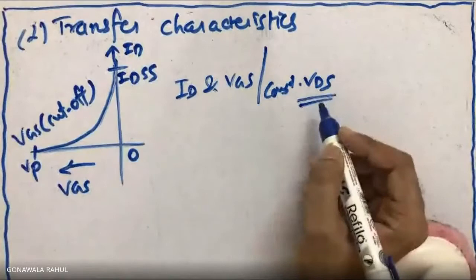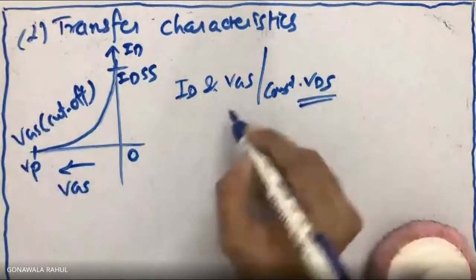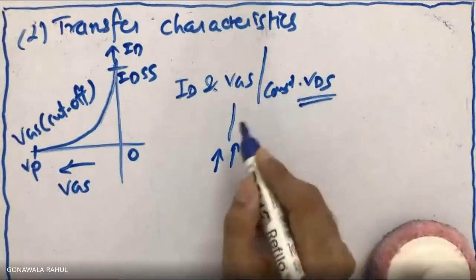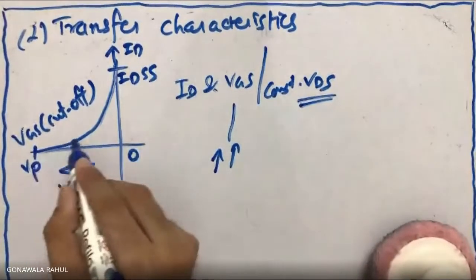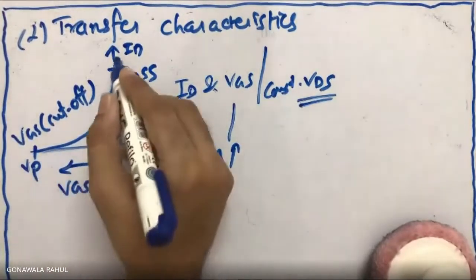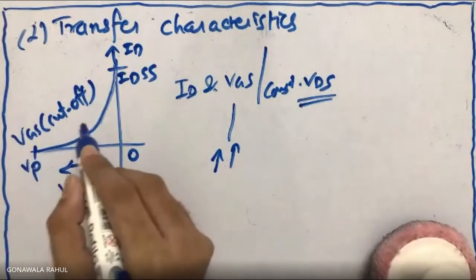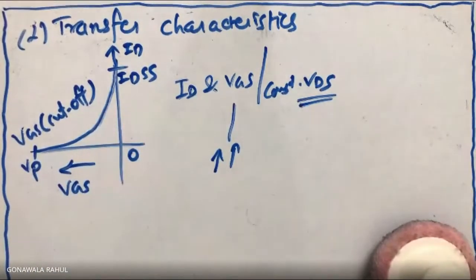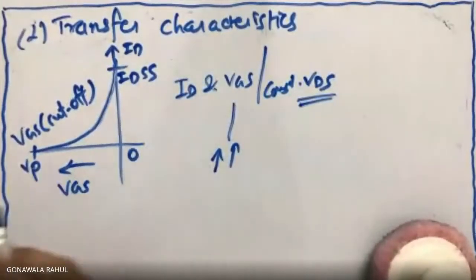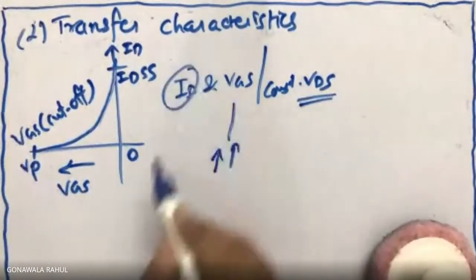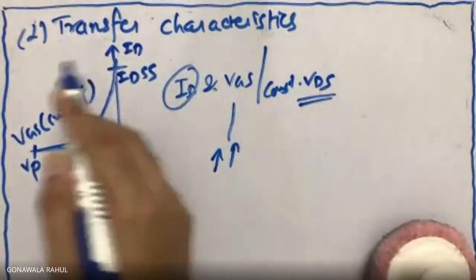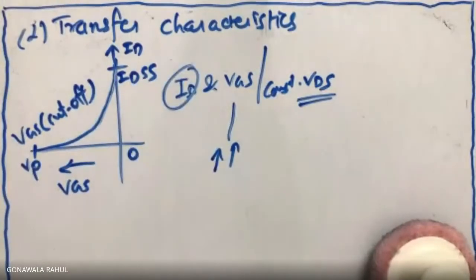Adjust VDS to some suitable value and increase VGS in small suitable steps, let's say -5, -4, -2, -1, 0. Note down the values of current and put them together, and we get a curve known as the transfer characteristics.